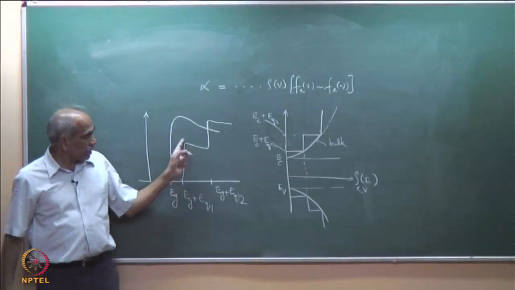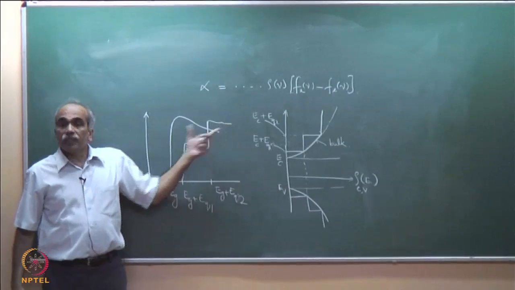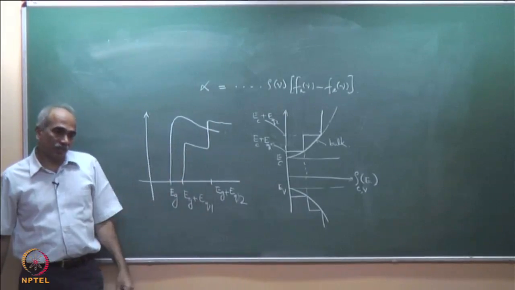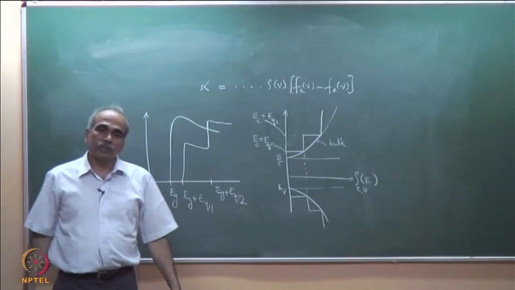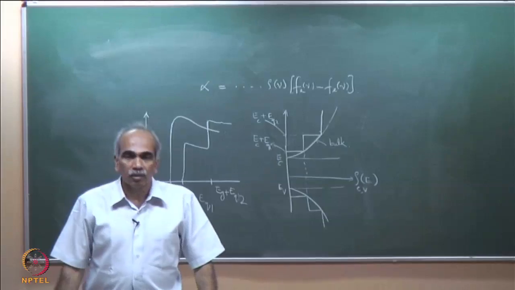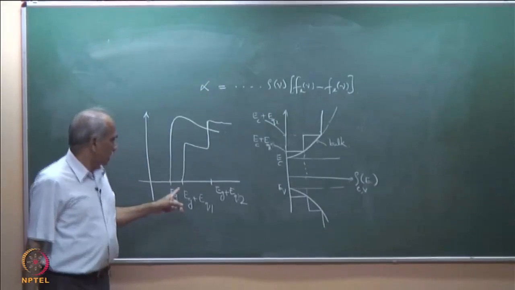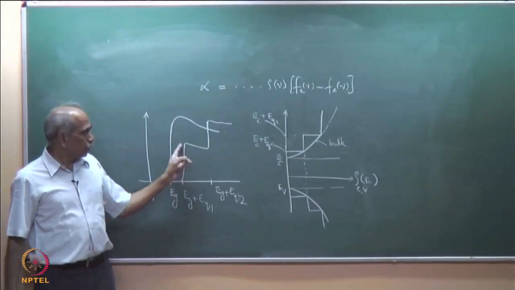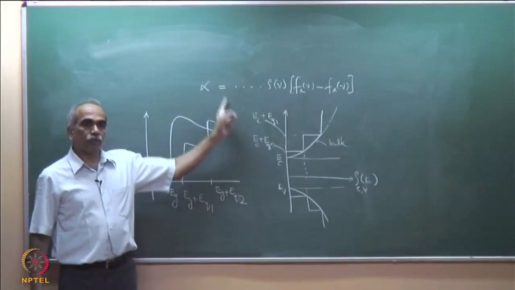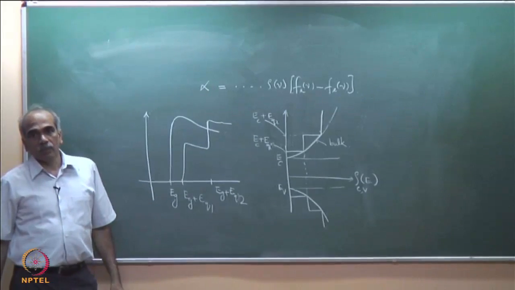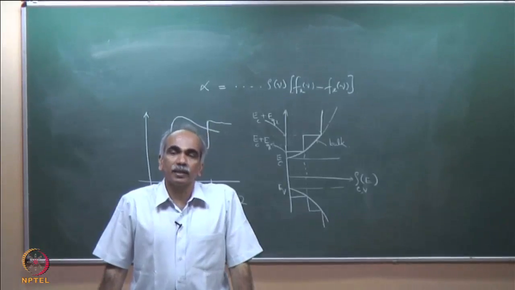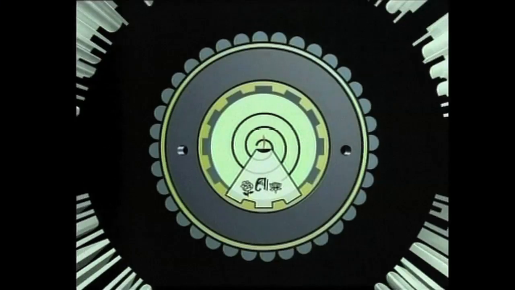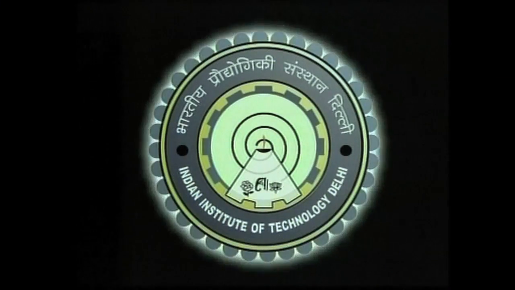So, you get a step like variation, and this has very important applications. We will discuss this in one of the later classes, but remember that a quantum well structure will show a step like absorption spectrum. We will stop here and continue in the next class.